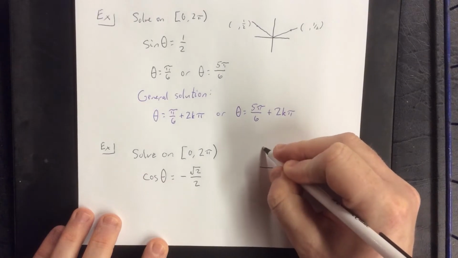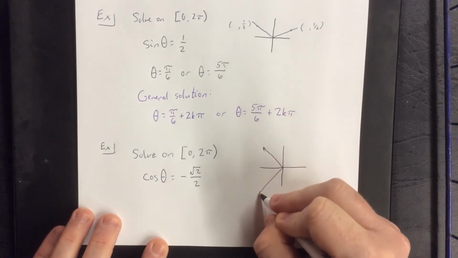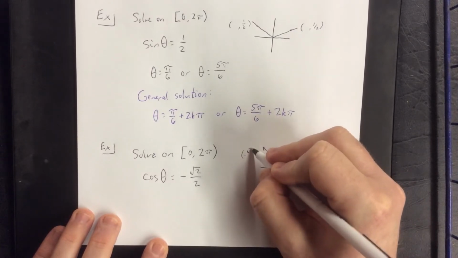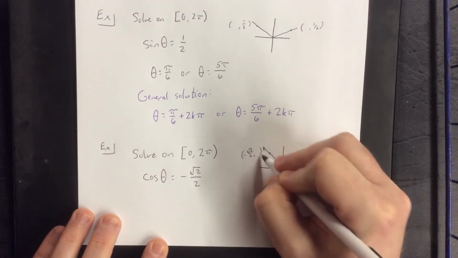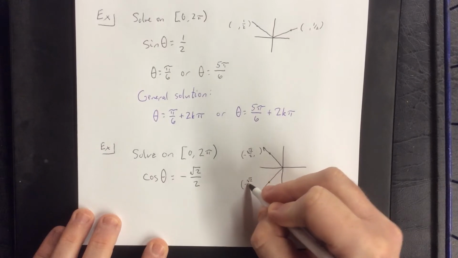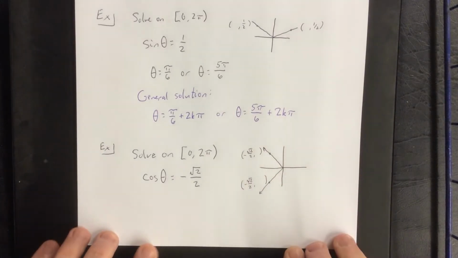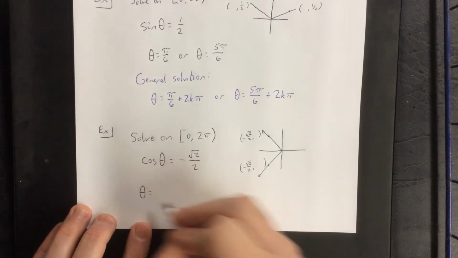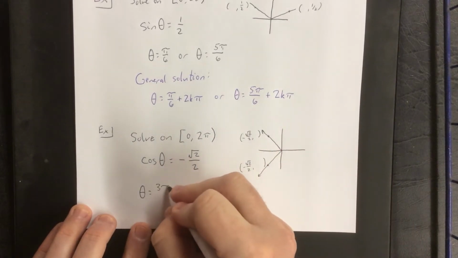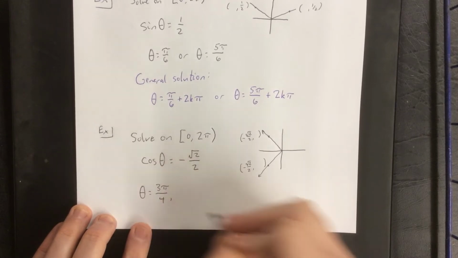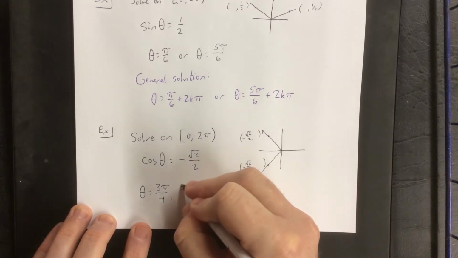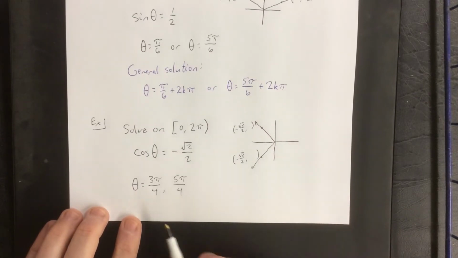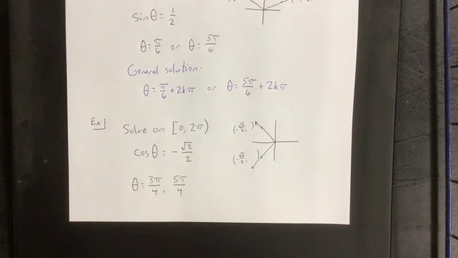That would be in quadrant 2 and quadrant 3. And in those two quadrants, there will be a point on the unit circle where the x-coordinate is equal to negative root 2 over 2. The two angles in question, the one in quadrant 2 would be 3 pi over 4, and the one in quadrant 3 would be 5 pi over 4. And if we were to add 2k pi to either of those, we would have a general solution.